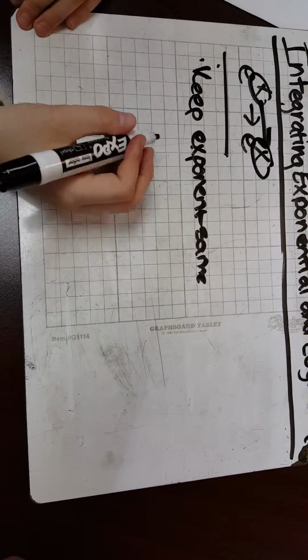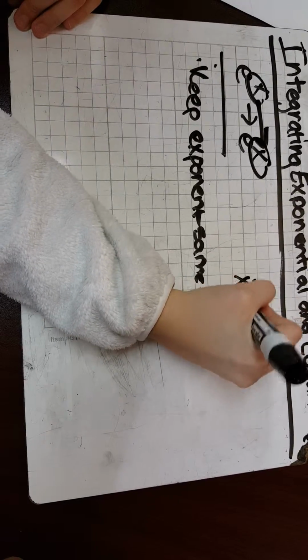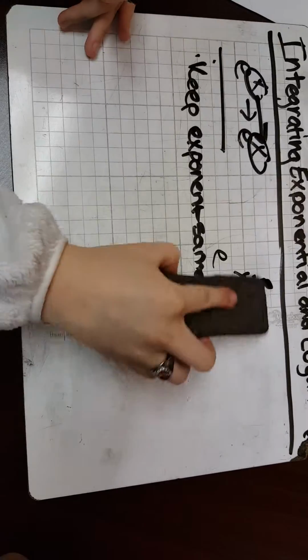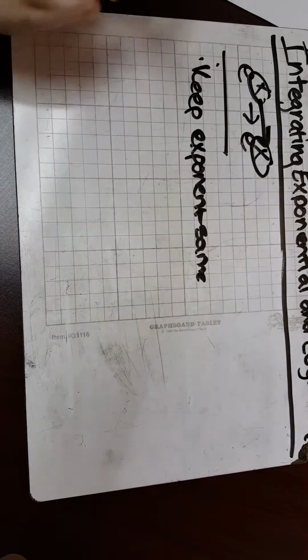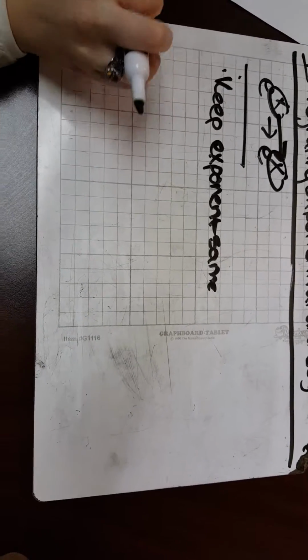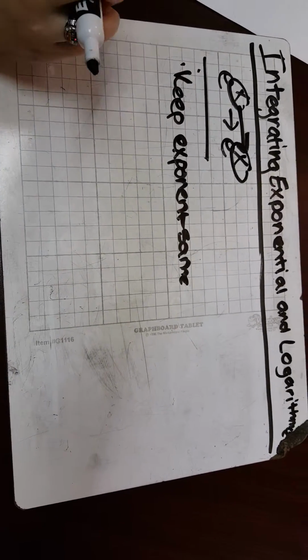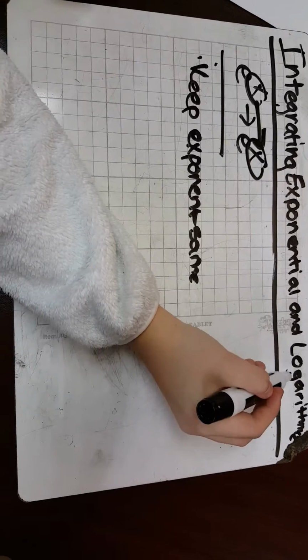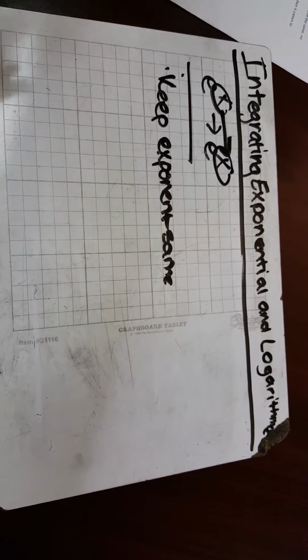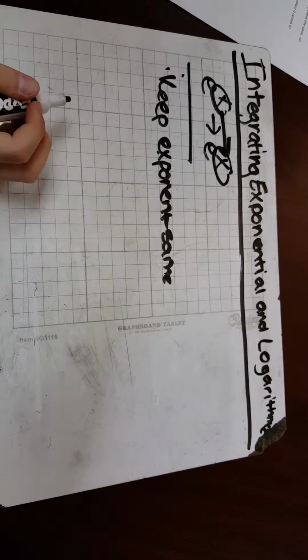It stays the same. Know that. Even if it's something like 2 plus 5, you keep that. The same rules apply to natural exponential functions when it comes to indefinite and definite integrals. So what I just taught you about the logarithmic integration stays the same, like the definite and indefinite, if points are given or if they're not.